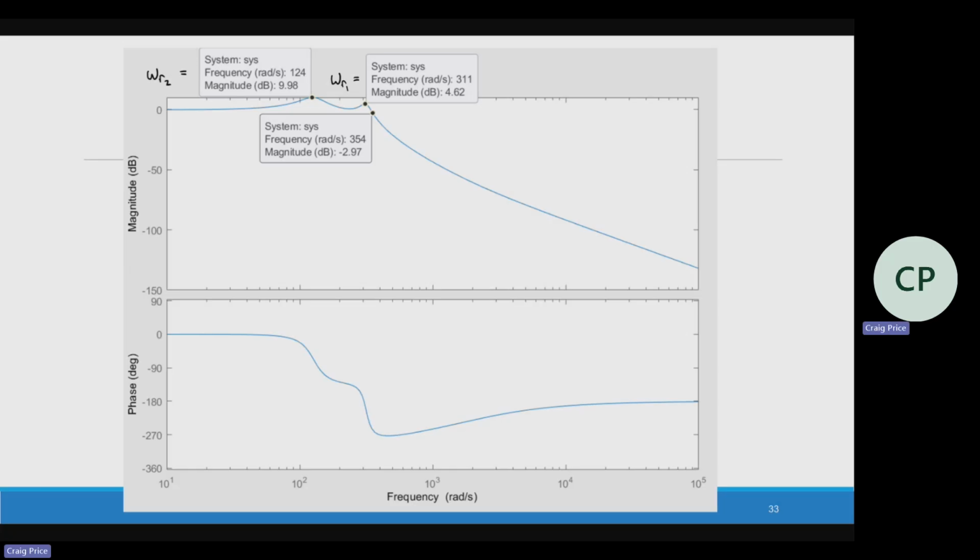Based on that input, magnitude drops pretty quickly after 300. So running this at 400 radians per second, if I had some kind of sinusoidal input, is not really going to affect the system. Based on the mass, spring, and dampers, anything in this range, you don't really see an output. So that's how we can use frequency analysis just to tell us a little bit more about our system.